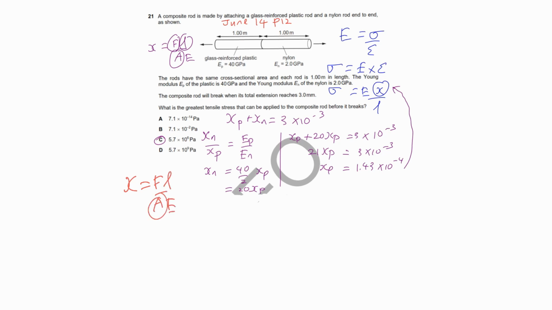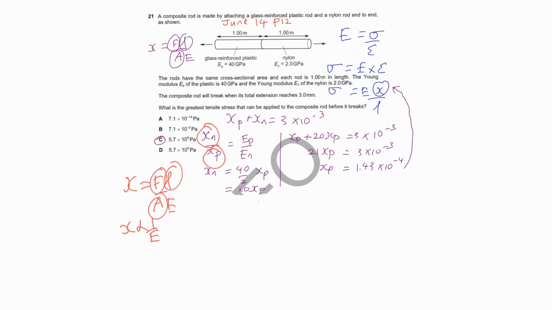Since area is the same, F is the same, L is the same, x will be inversely proportional to the Young modulus. Therefore, the extension of nylon over the extension of plastic will equal the inverse ratio of the Young modulus, which is Young modulus of plastic over nylon.